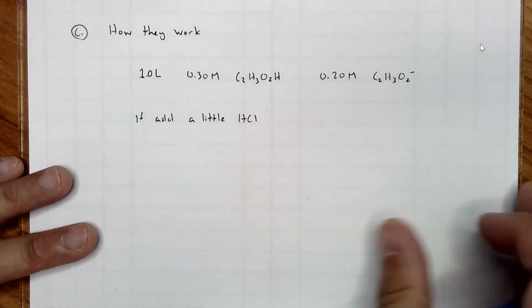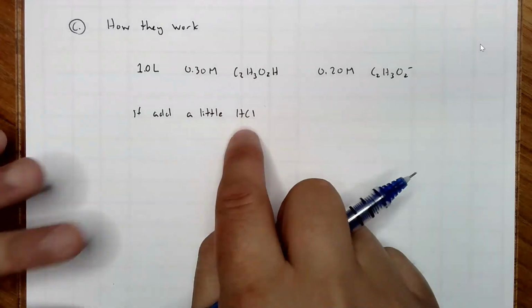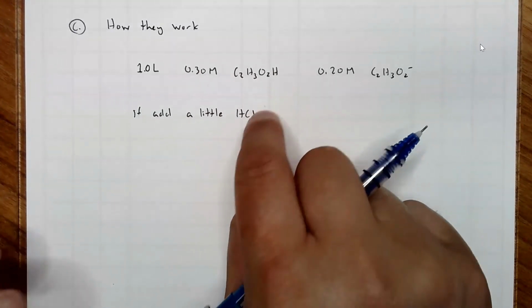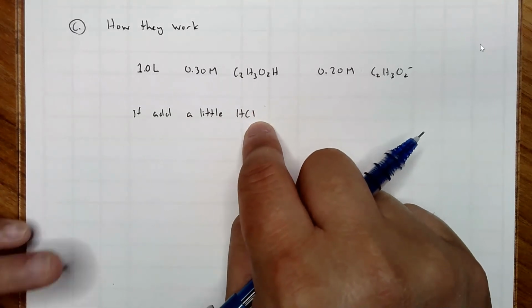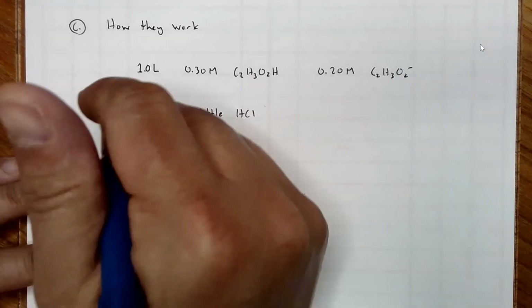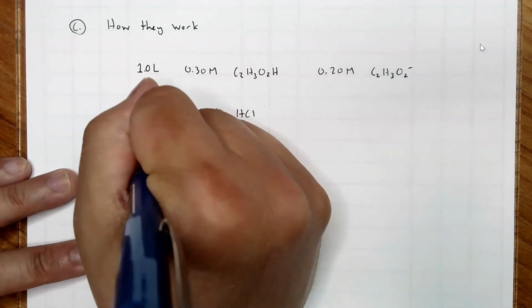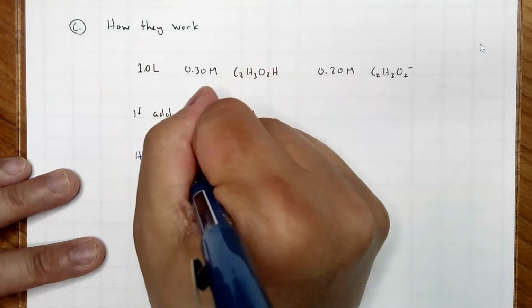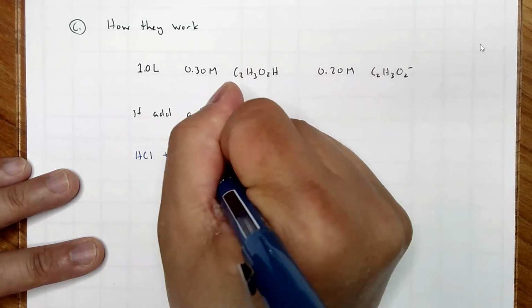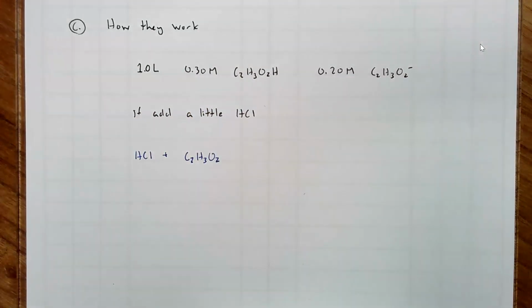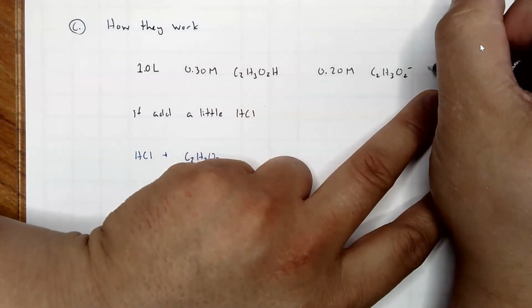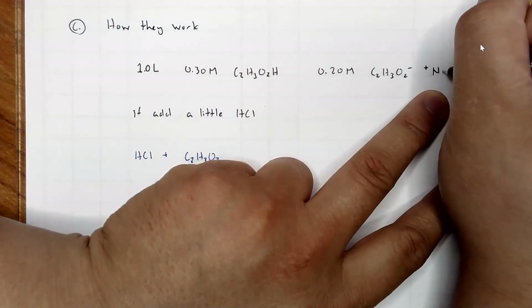What is the reaction? That strong acid, is it more likely to be neutralized by the weak acid or be neutralized by the conjugate base? HCl plus the conjugate base, C2H3O2, and honestly, I think it's more proper to show the counter ion as well.